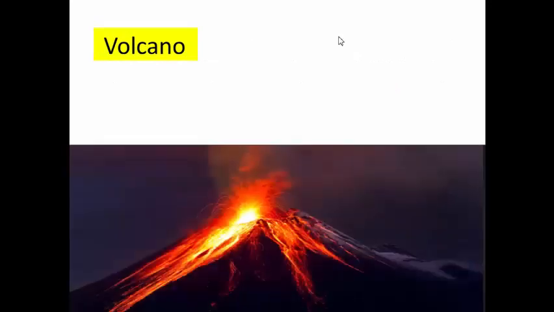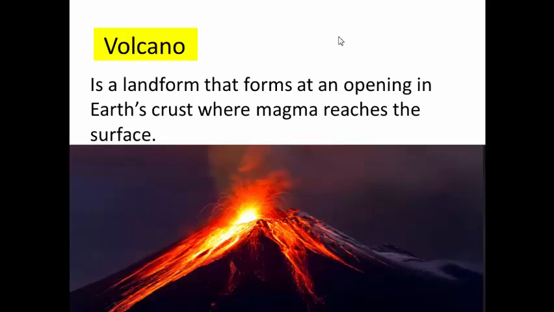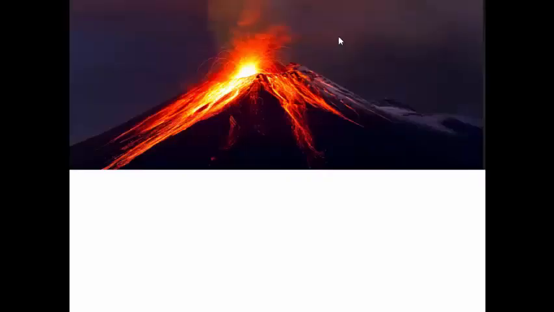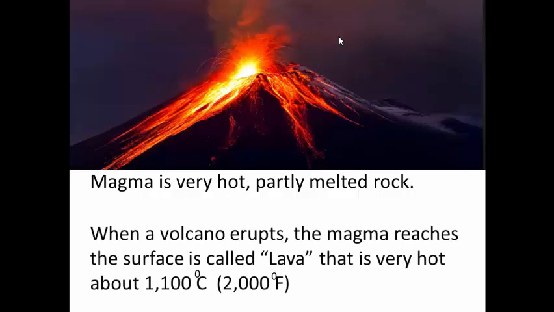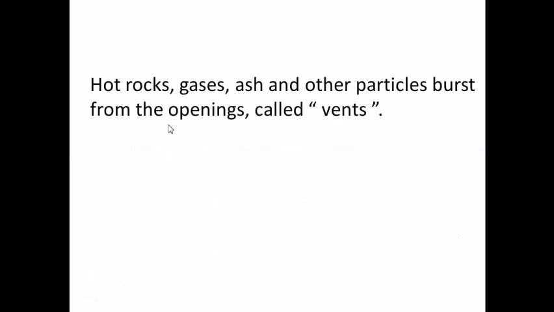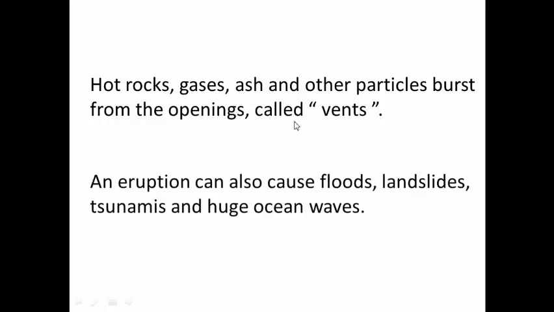Then we mentioned the definition of a volcano: a landform that forms at the opening of Earth's crust where magma reaches the surface. Magma is hot and consists of melted rocks, and we mentioned also the temperature of the lava outside. And the last thing, this opening we call a vent, and the eruption can cause floods, landslides, tsunamis, and huge ocean waves.